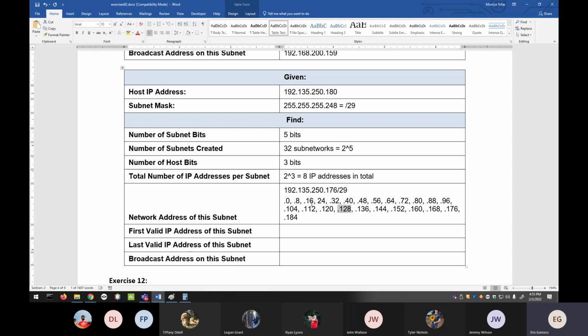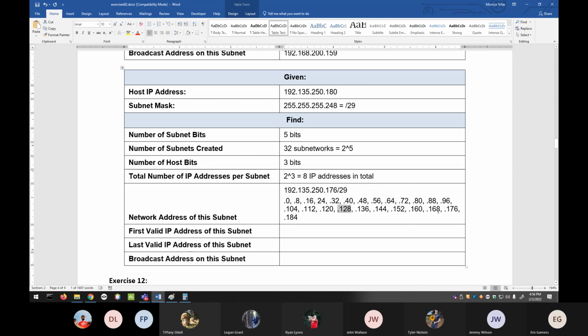in .128, it goes from 128 to 135. Is this IP address between 128 and 135? No, it is not. So in which range is it?